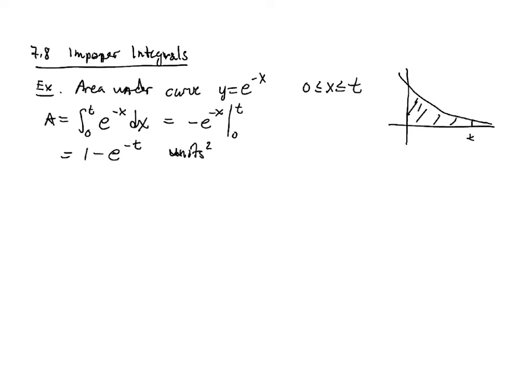Now, the idea is that as t goes to infinity, or as t gets larger and larger, this function, e to the minus t, gets closer and closer to 0. And so if we take the limit, the area under the curve y equals e to the minus x in the range from 0 to infinity, we could define that as a limit.